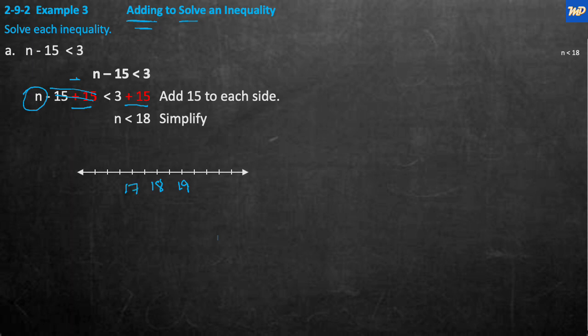And it says it's less than, it doesn't say equal, so we're going to go to 18 and put a circle around it, and then n is everything that is less than 18. If 18 is here, that means n is less than it. So this is n, this is n, this is n. Everything to the left is n. Anything to the left of 18 is a solution to this inequality.